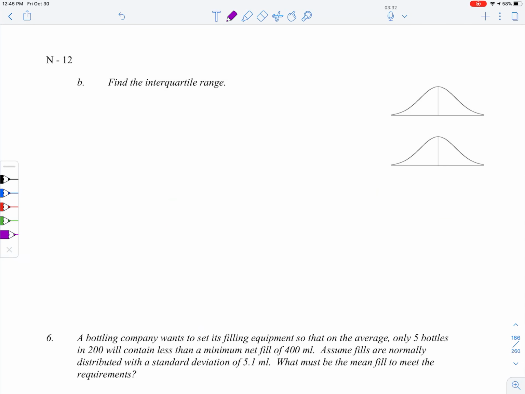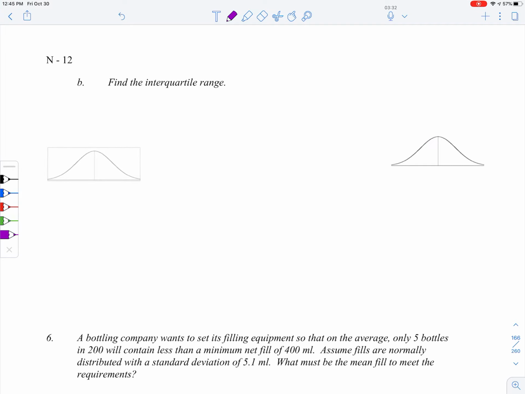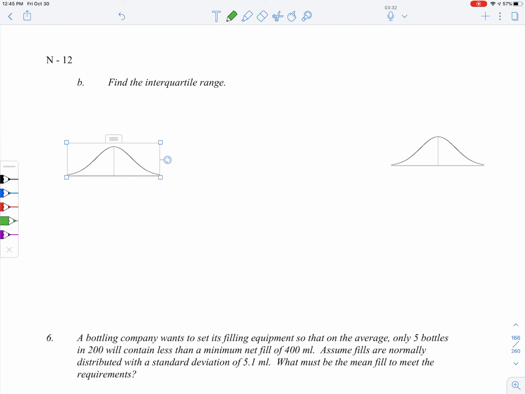Let's go back to where we were. So find the interquartile range. So what we're saying here then is, let me bring this picture over. And I'm going to set this up. Remember that we want to go through the steps.